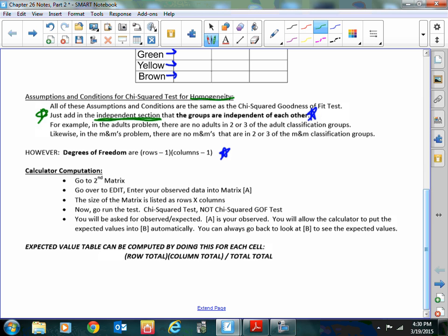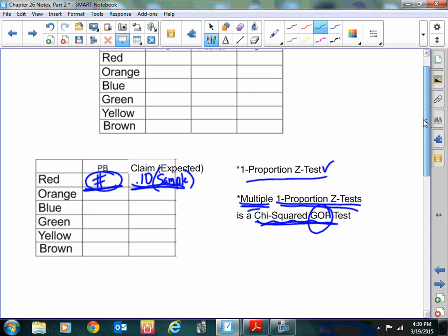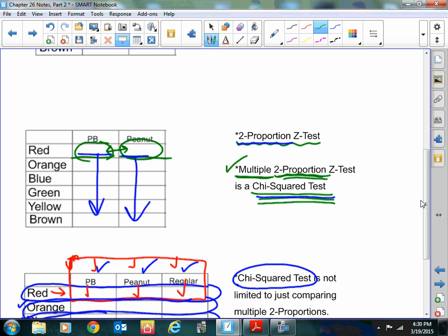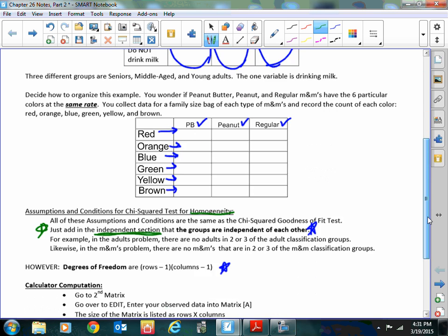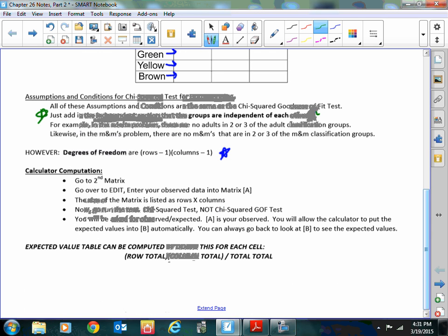Do you remember when we did two proportion tests? We would have to say the peanut butter group is independent of the peanut group, meaning those two samples are independent of each other, with no peanut butter M&Ms in the peanut M&M group. It's the same thing. That's the only thing that we're adding, which we are used to adding when you have multiple groups.